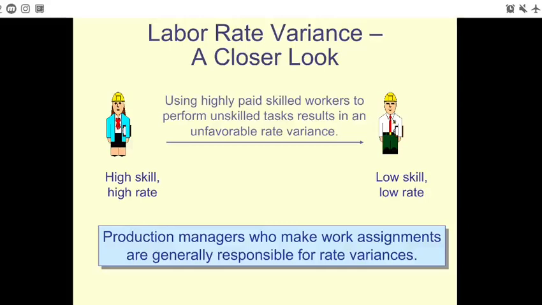The production manager assigns these workers to do this, and these workers to do that. Sometimes another department that is related is the human resource department. This department is responsible for hiring workers, so maybe this department also has something related to the labor variance.